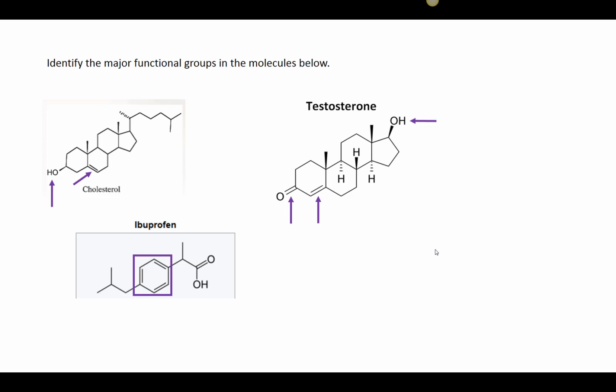Okay, we can see we have that six-membered ring, alternating double bonds. That was our arene, or an aromatic. Now this last one, need to be careful. There's our double bond O and an OH, so that will be our carboxylic acid. So these are ways in which we can refer to some of the major functional groups within molecules.